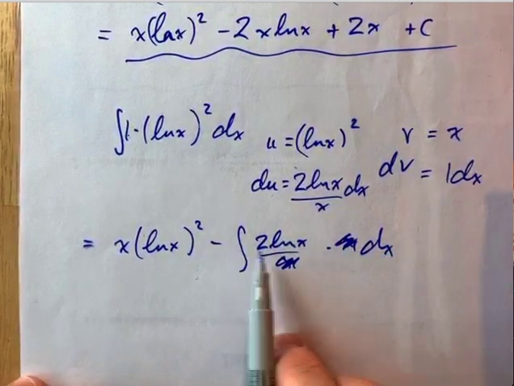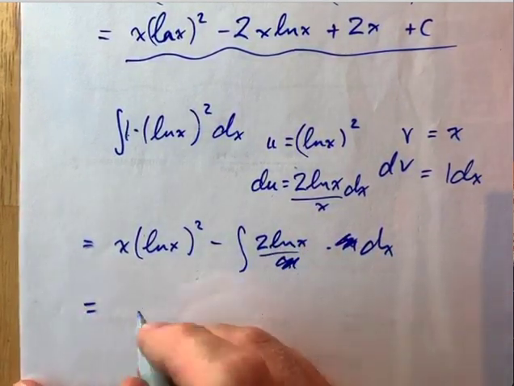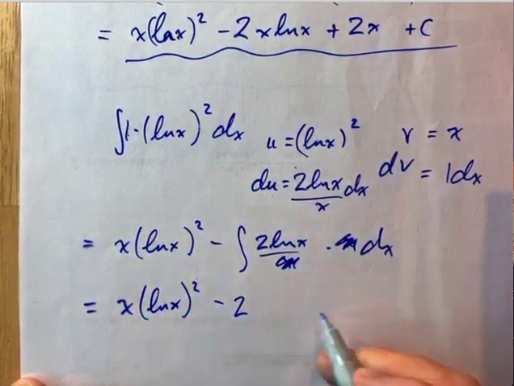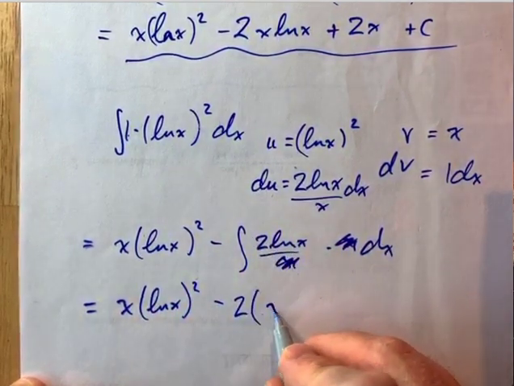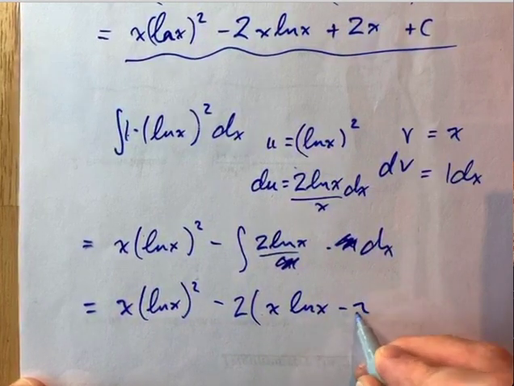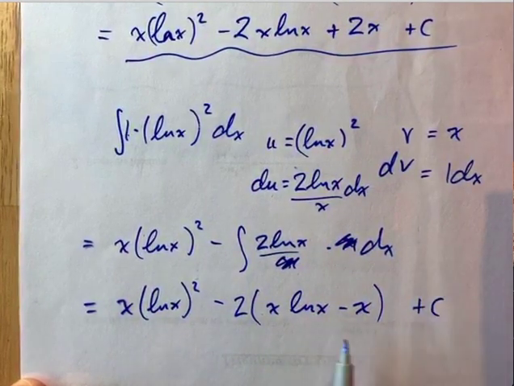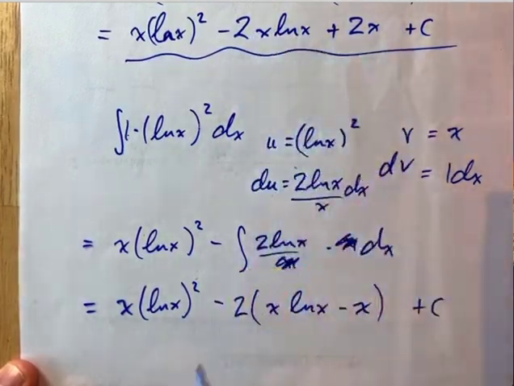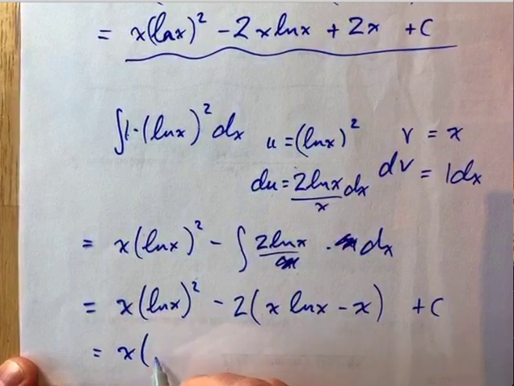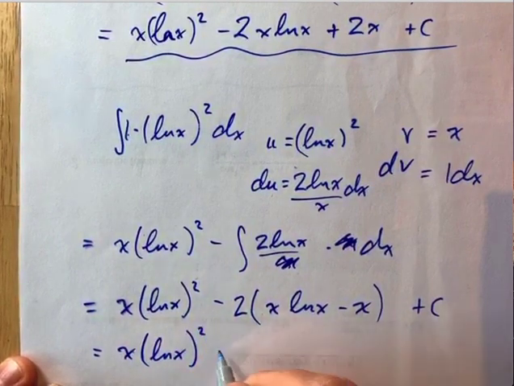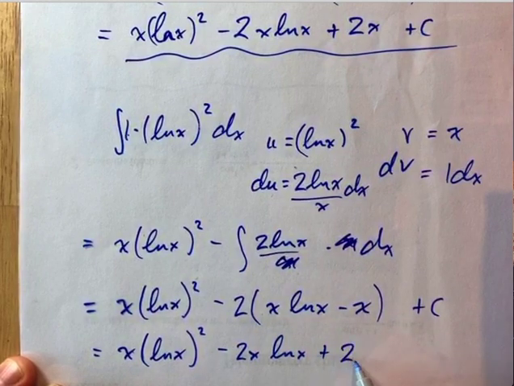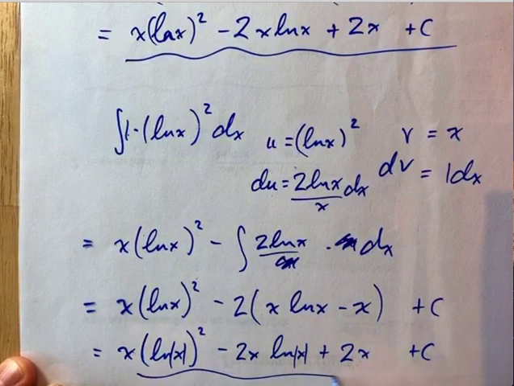This just becomes x ln x squared minus 2 times the integral of ln x, which is really x ln x minus x, plus c. Guess what? Let's expand this all out. We're going to get the exact same answer we had up here, aren't we? This becomes x times ln x squared minus 2x ln x plus 2x plus c. It's the same answer either way.